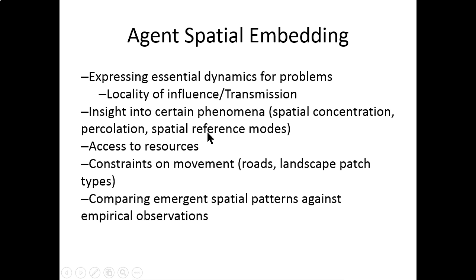Sometimes, ladies and gentlemen, we want to explain patterns we see in the world that are spatial. We want to be able to explain why we see an expanding ring or what have you. Sometimes you want to reason about access to resources. If an individual is here, what resources do they have access to? Do they have access to certain grocery stores or supermarkets?